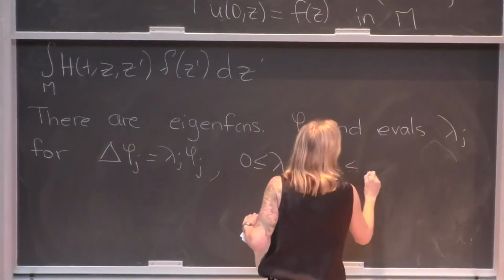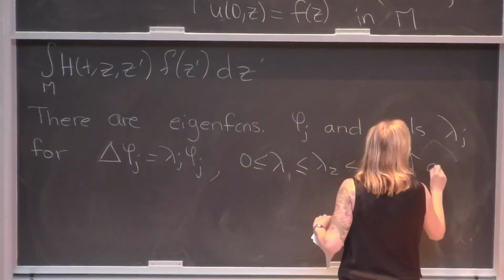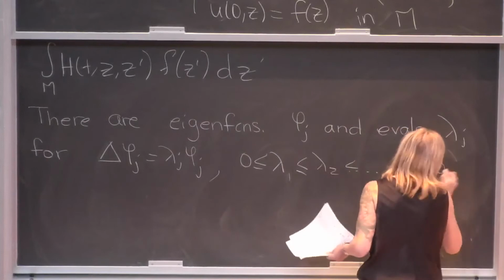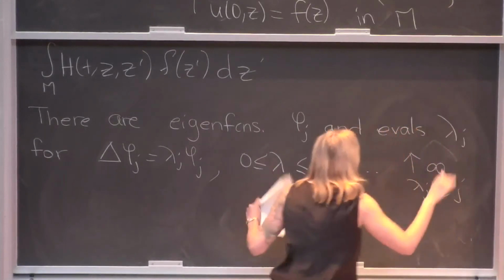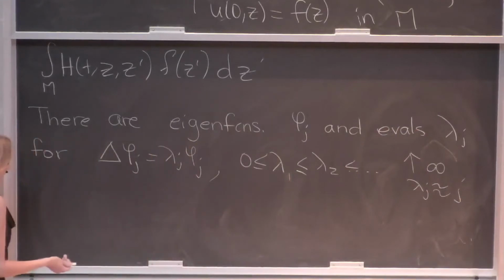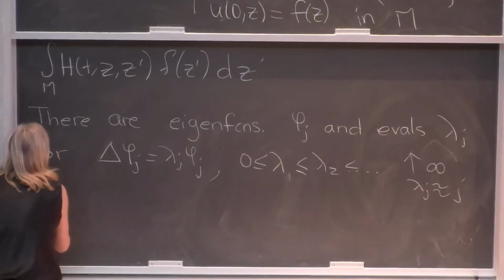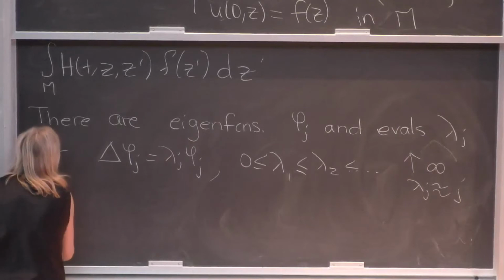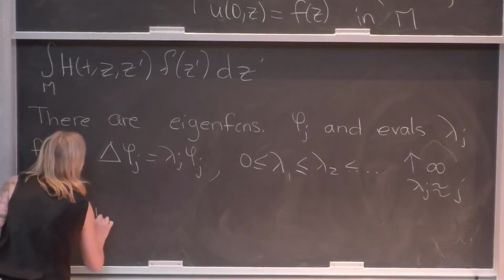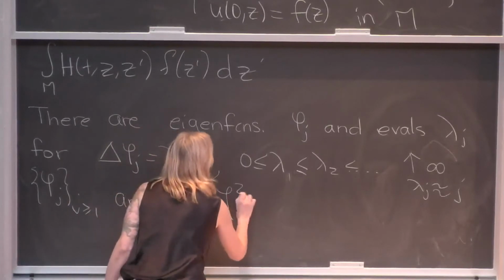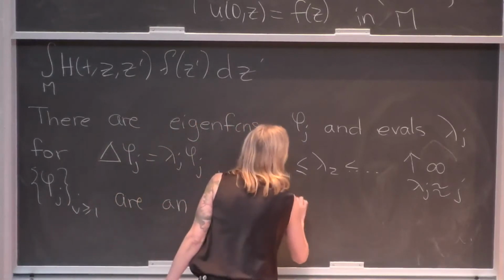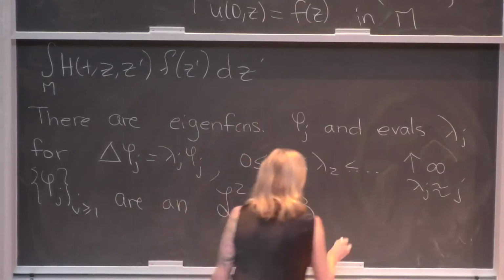Our lambdas go to infinity, actually kind of like j, up to a constant. And our phis are an orthonormal basis for L2 on M.